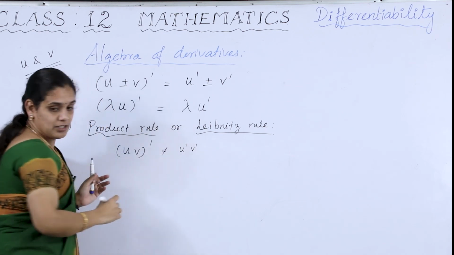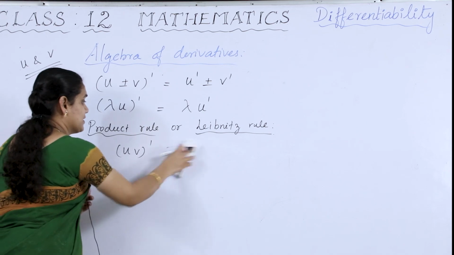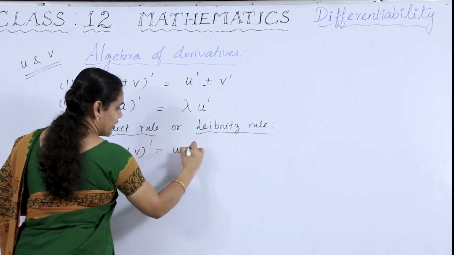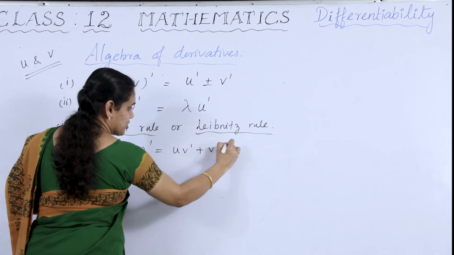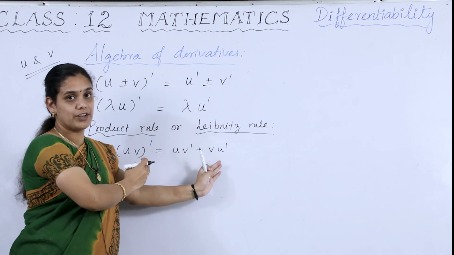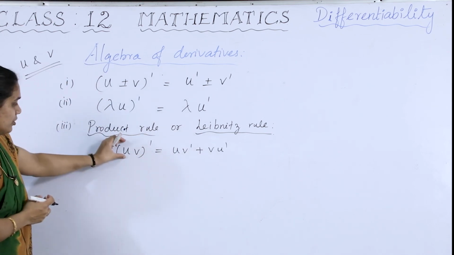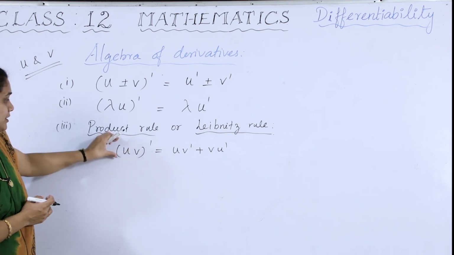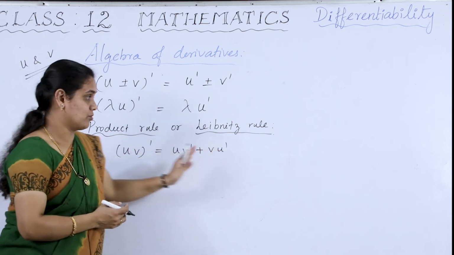It is not correct. Most of the students make this mistake. It should be u v dash plus v u dash. You can also do v u dash plus u v dash, no problem. You keep u constant and find the derivative of v, and then keep v constant and find the derivative of u, and you have to add these two.